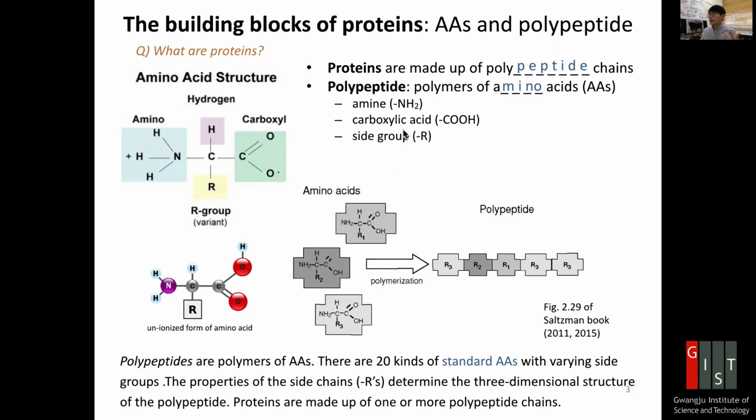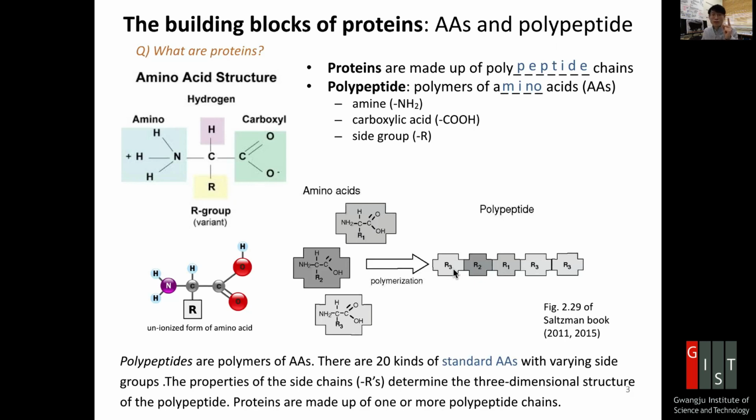As you can see, the hydrogen, amine, and carboxylic acid are common. So what determines its unique structure and unique function is this side group R. So R1, R2, R3 are different kinds of amino acids, and we can polymerize them and name the chain R3, R2, R1, R3.